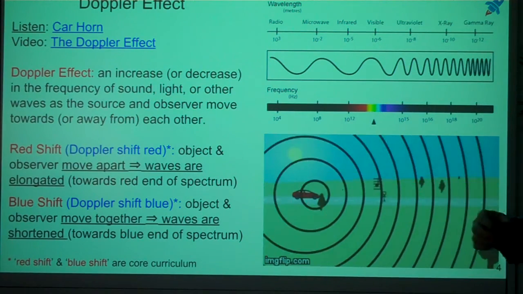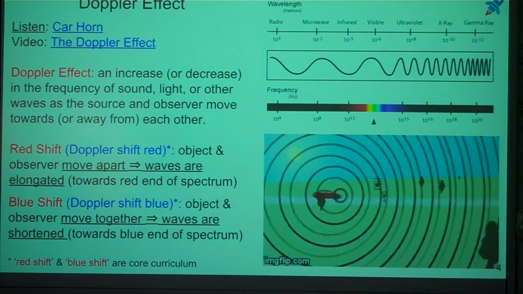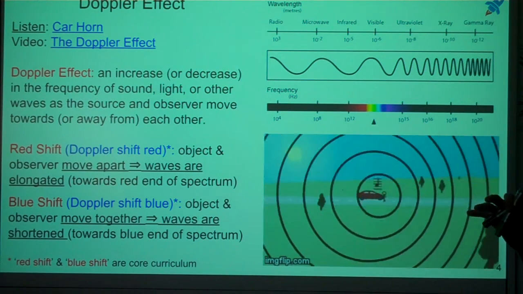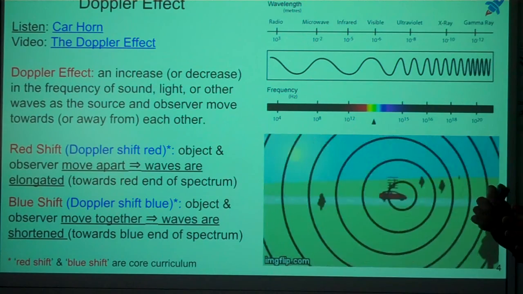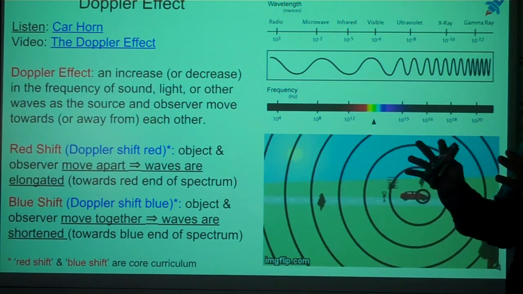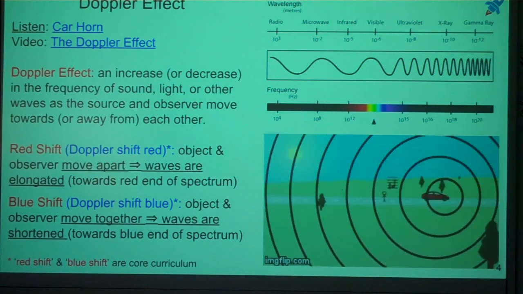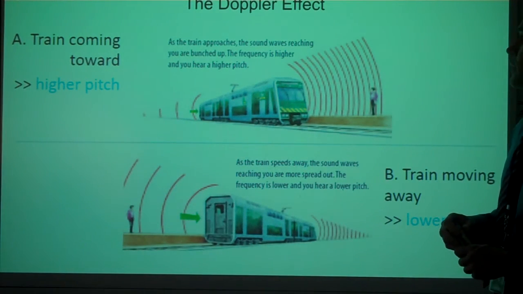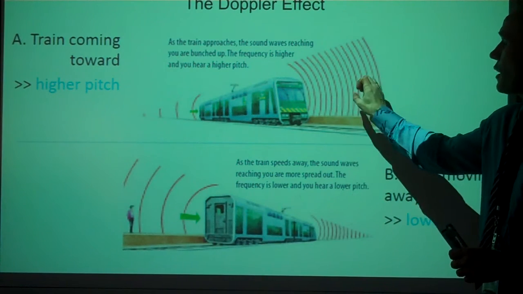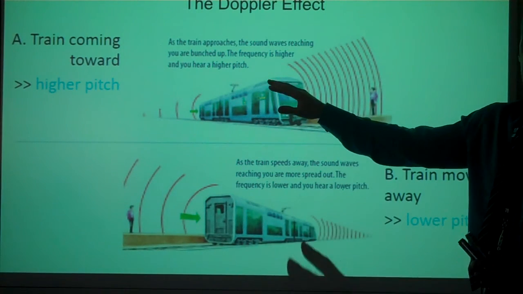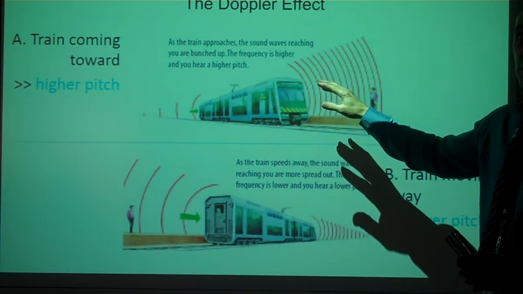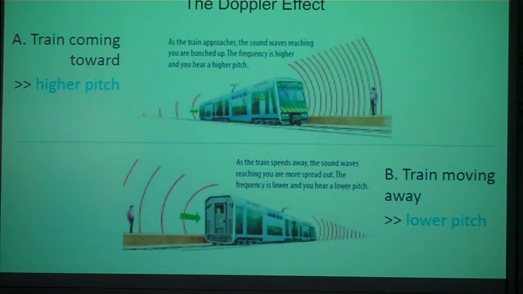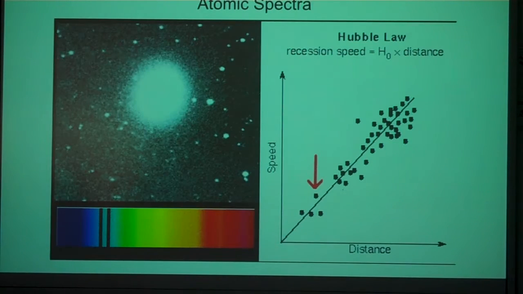That was one of the key pieces of evidence that demonstrated that the universe is expanding and that the steady state theory could not be correct, because the universe wasn't unchanging, everything was getting further and further apart. So, that was the significance of redshift. There's another way of describing it. The train horn, the waves being compressed, the high pitch of the train horn as it approaches, the low pitch of the train horn as it goes. Yeah?